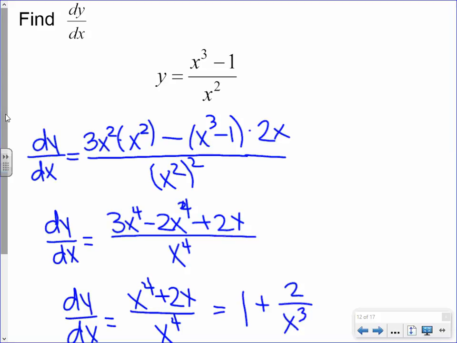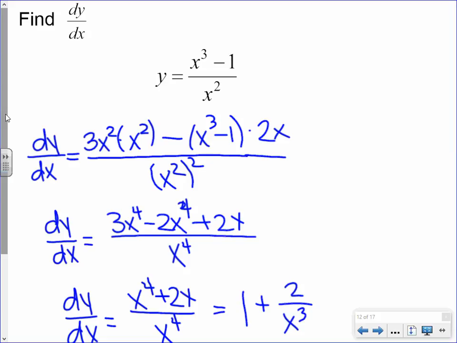You would separate: x cubed over x squared is x, and 2x over x to the 4th is 2 over x cubed, x to the negative third. Then using the power rule, we would have 1 plus 2x to the negative third. So Cole, which way was quicker? Probably the power rule.